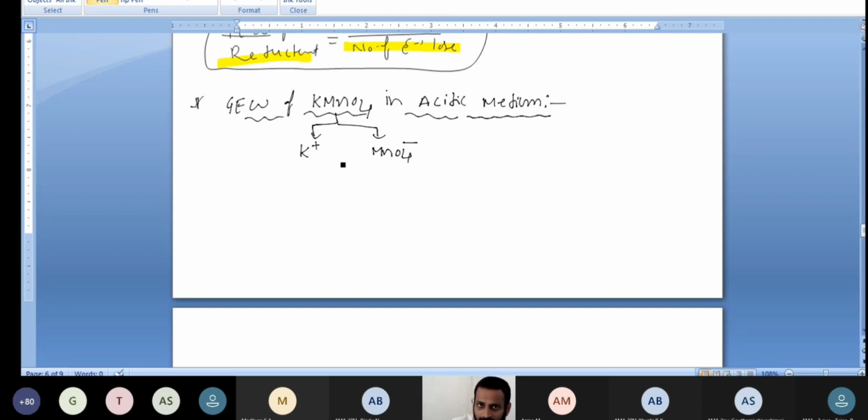Alkali metals and alkaline earth metals always have fixed oxidation states. Potassium is always plus one. Lithium, sodium, potassium, rubidium, cesium, all alkali metals are always plus one. Beryllium, magnesium, calcium, strontium, barium are always plus 2.